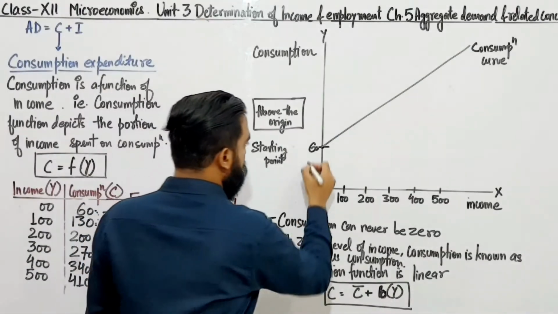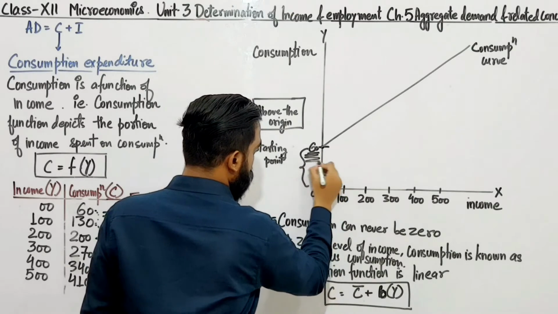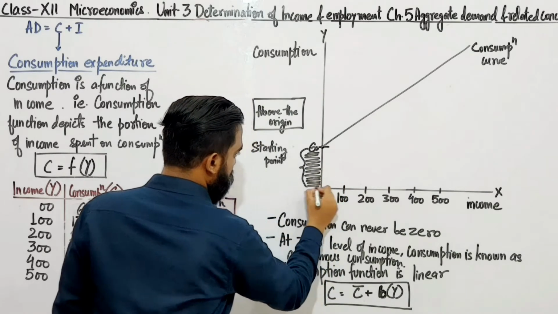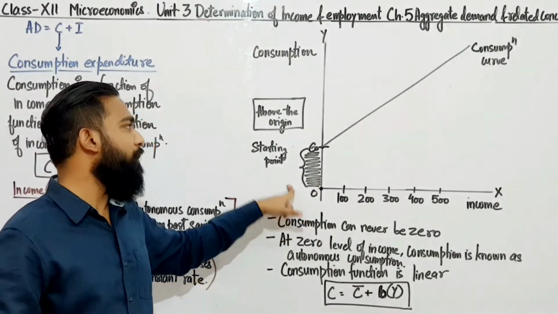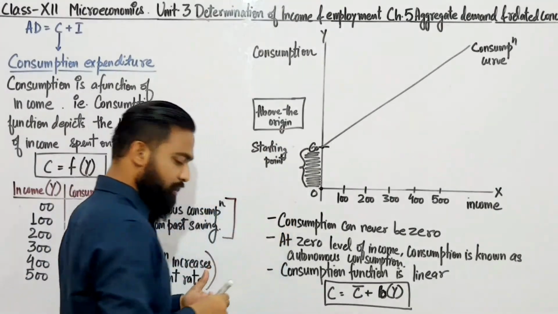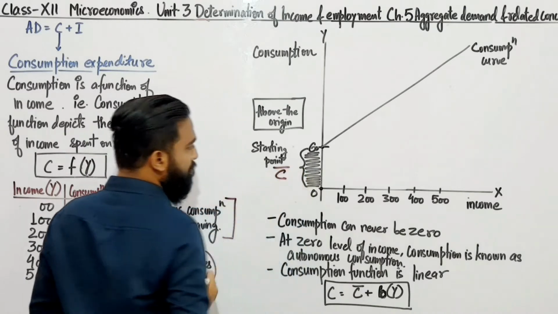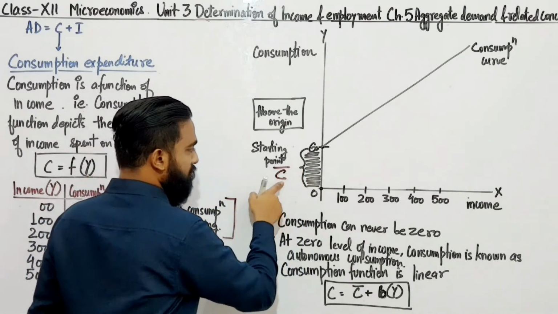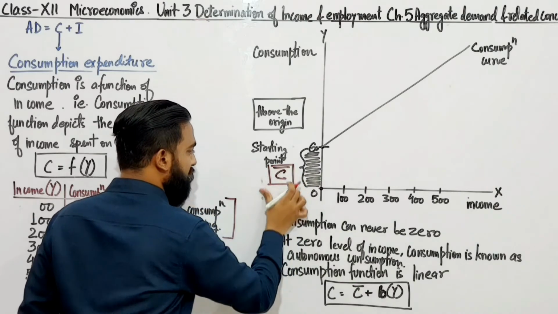Fine. And this portion, this area, the zero level of income, and if there is still some consumption, this portion is known as autonomous consumption. So this portion is autonomous consumption. It is denoted by C bar. Fine.